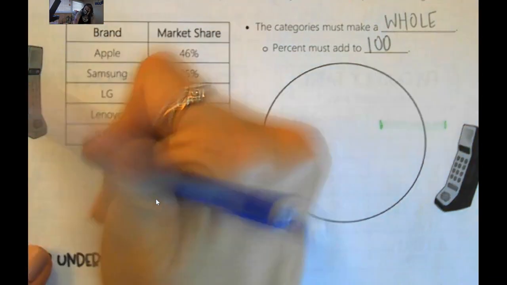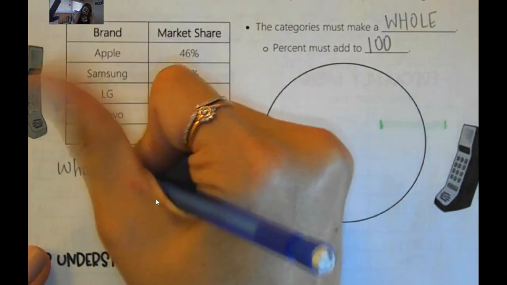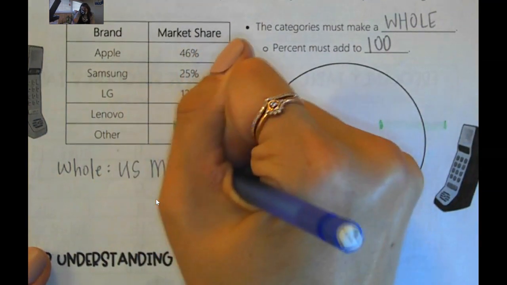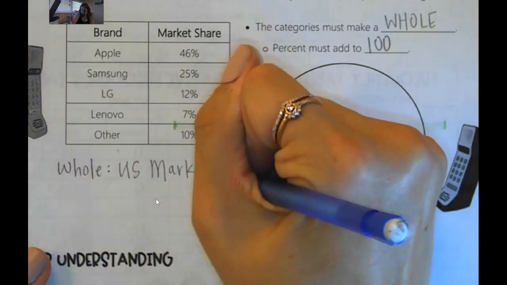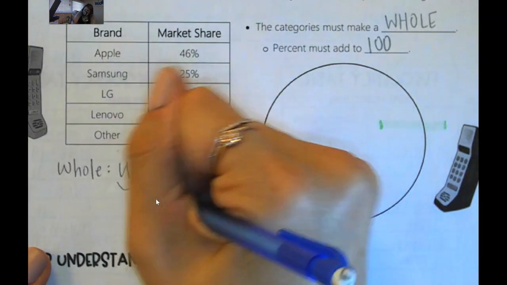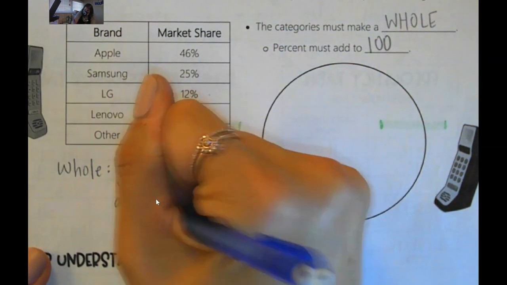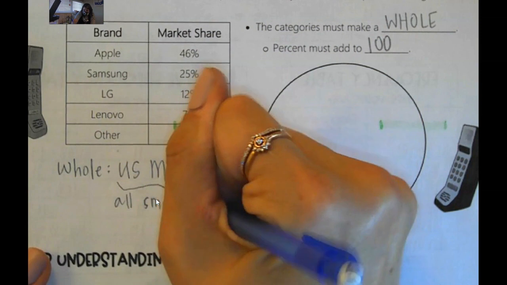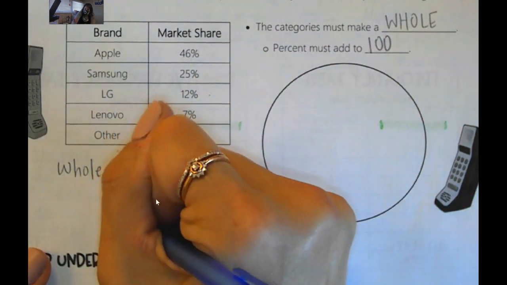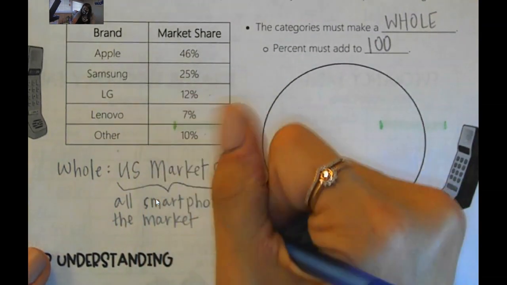So our whole in this example is the U.S. market share. Do you guys know what market share is? So market share is all phones, all smartphones, I should say, on the market, which means being sold.